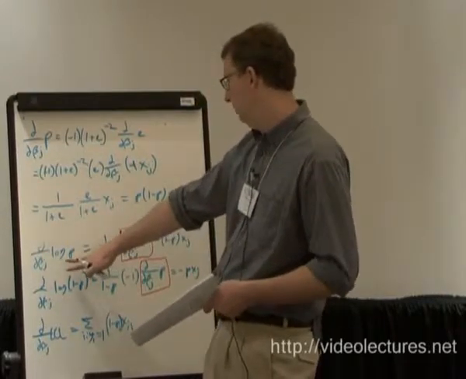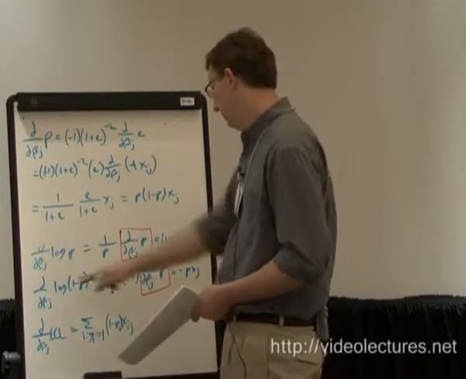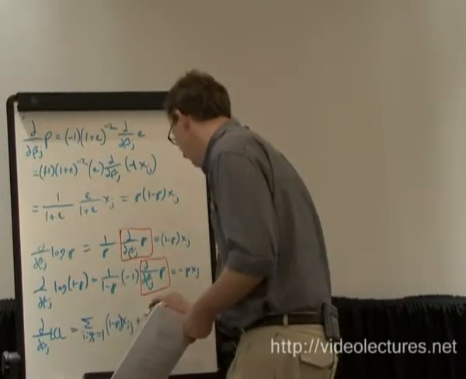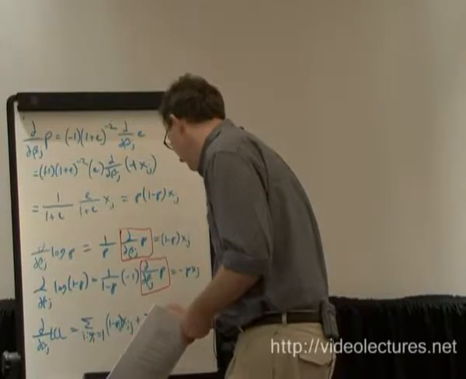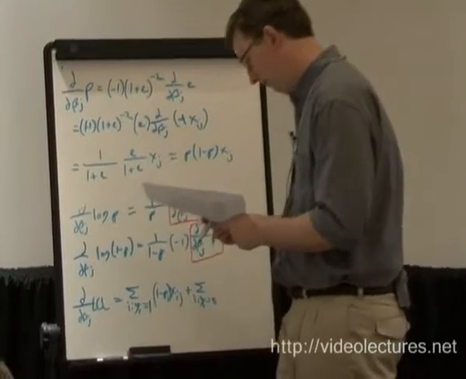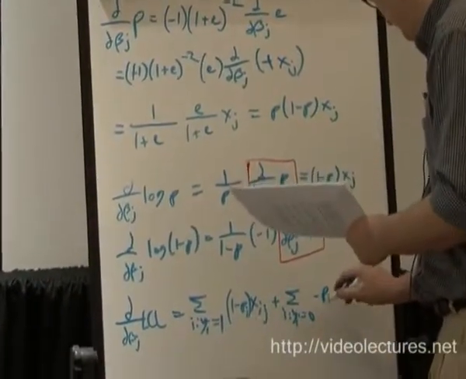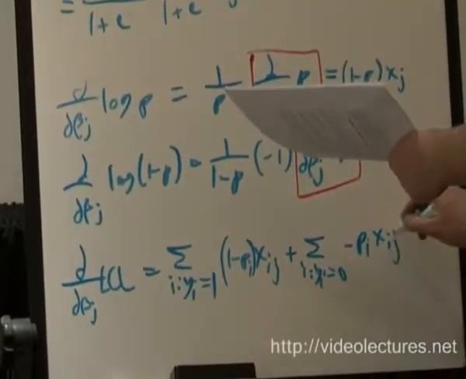So what I need to use is the derivative of log probability. But then I have the sum over i such that yi equals 0 of minus pi xij.